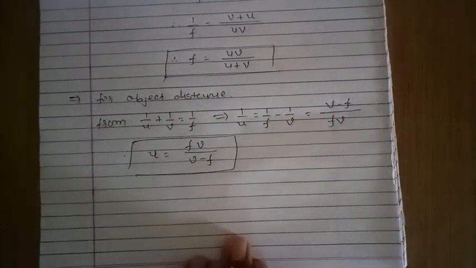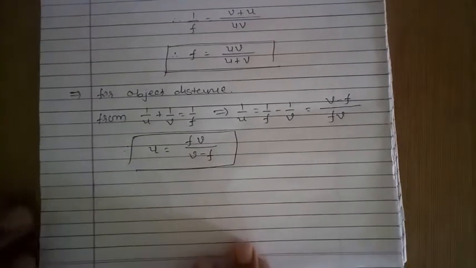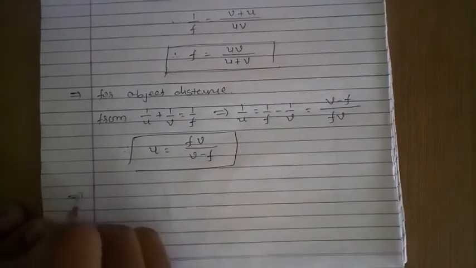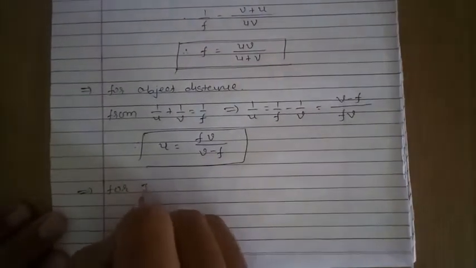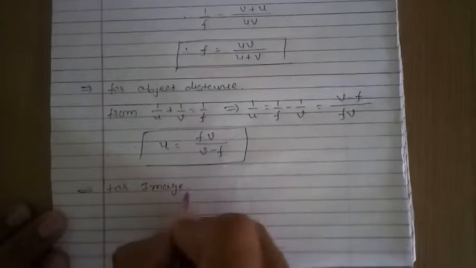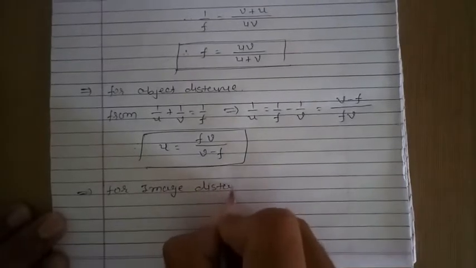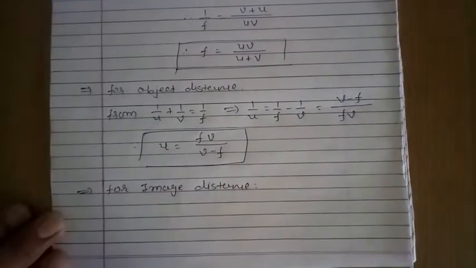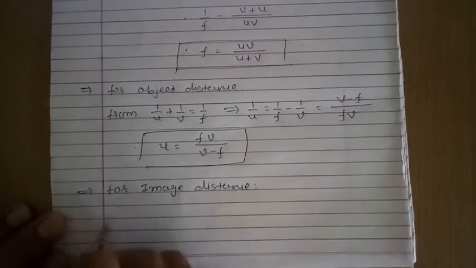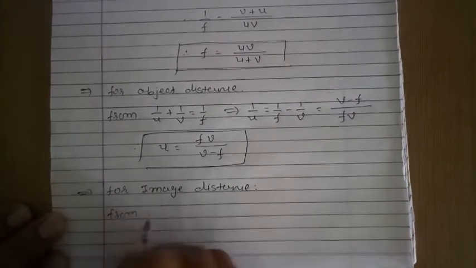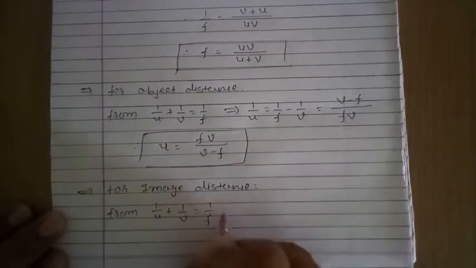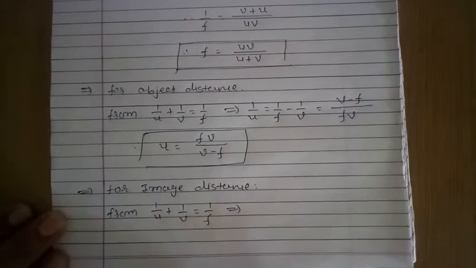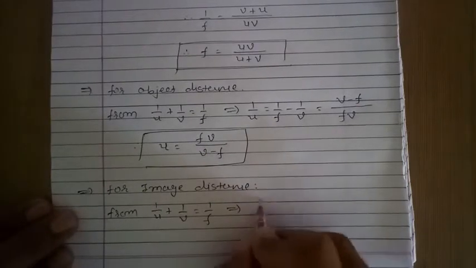Same for image distance. If we have to find the image distance, from the mirror equation 1 by u plus 1 by v is equal to 1 by f, we have to formulate the image distance, 1 by v.